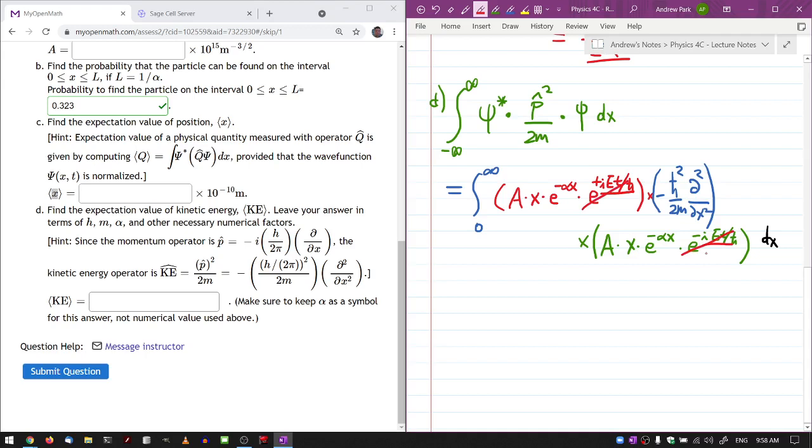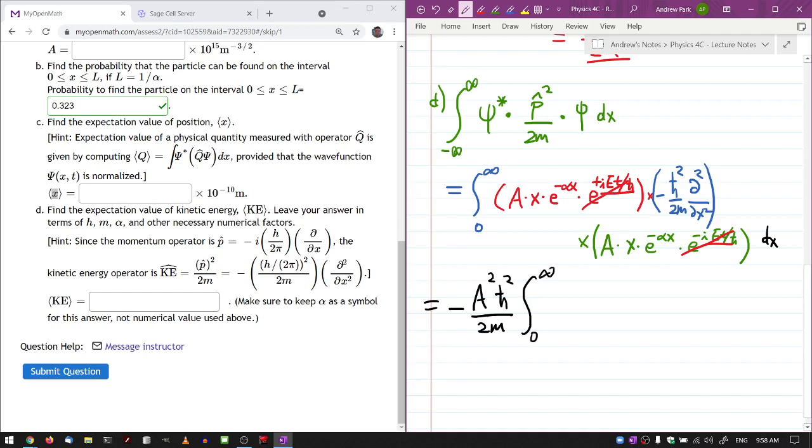So all I'm dealing with are, let me write down a bit of a pre-simplified version. Let me factor out all the constants. So I have a squared, times minus h bar squared over 2m, and I think the rest are not constant.